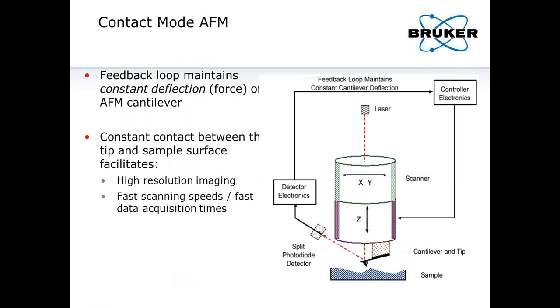Now let's take a look at how the first AFM works. That's contact mode. In contact mode, the tip is always in contact with the sample. So when you scan the tip across the surface, the most common way is to keep the force constant when you do that.